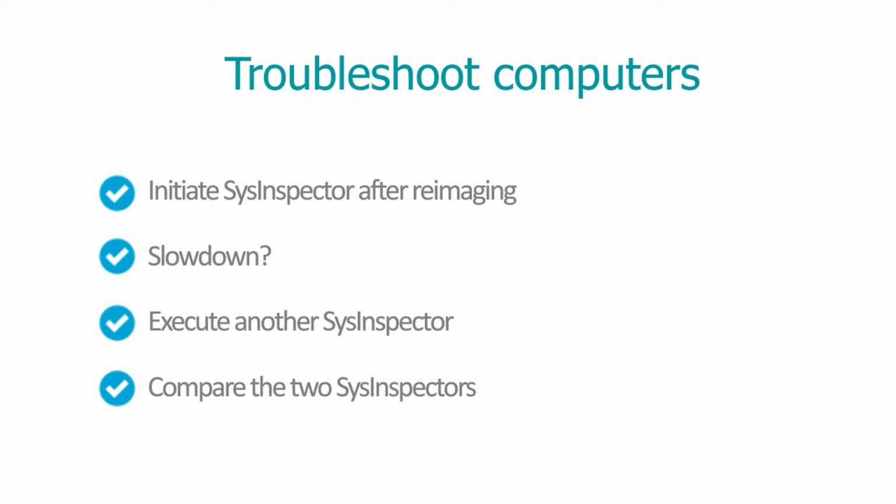And ESET has the ability to compare those two sysinspector logs and show you exactly what has changed over that period of time. So you can see maybe they installed some application that might be causing the slowdown. Or maybe they have some weird registry keys associated with some applications in there. So you can see all of that directly from the management server by executing multiple sysinspector logs.